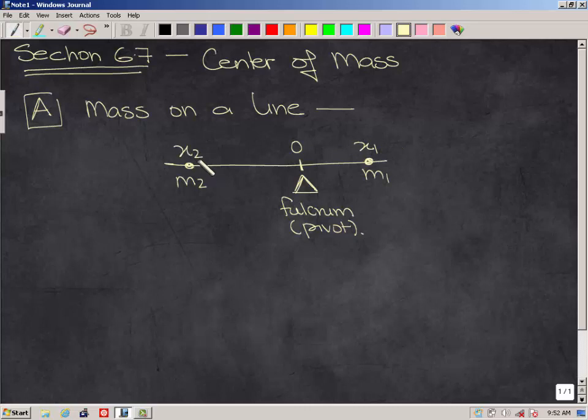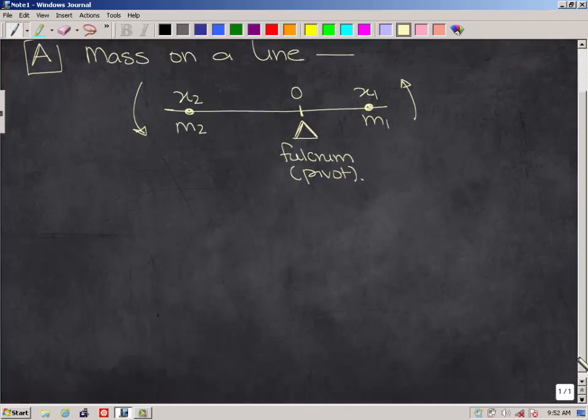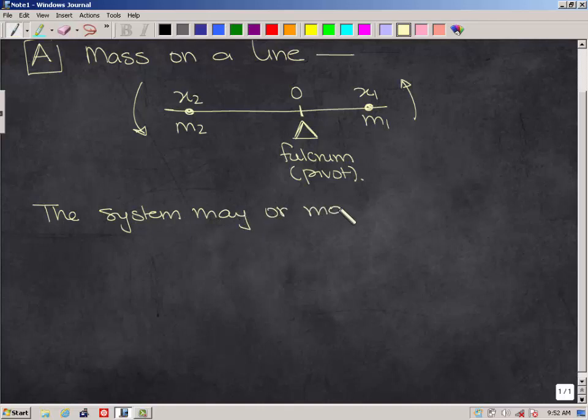Now what's going to happen? Depending upon the masses and how far they are, they're going to cause this seesaw, or line, to rotate. It might rotate one way or the other. We don't know how it's going to rotate, but depending upon the masses, what size they are and how far they are, it's going to cause the system to rotate. So the system may or may not be balanced.